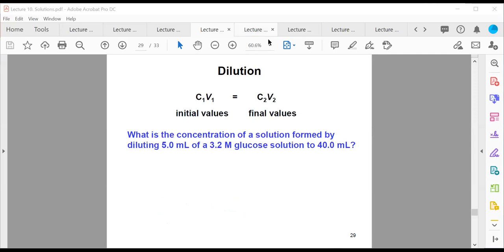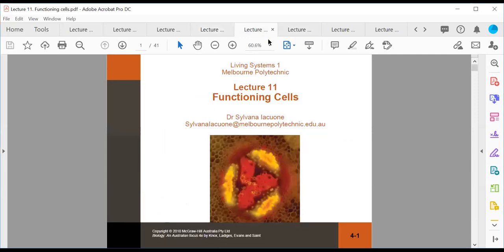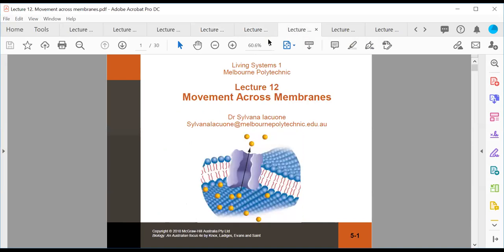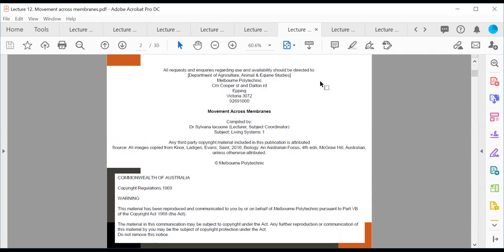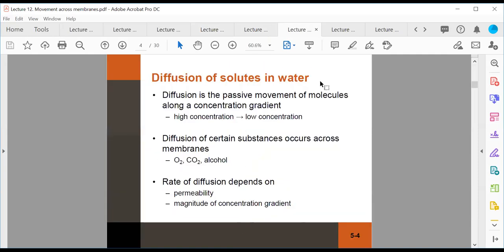All right, let's go on to functioning cells. No calculations there, you'll be happy to hear. Movement across membranes. Make sure you're very familiar with the concept of diffusion.